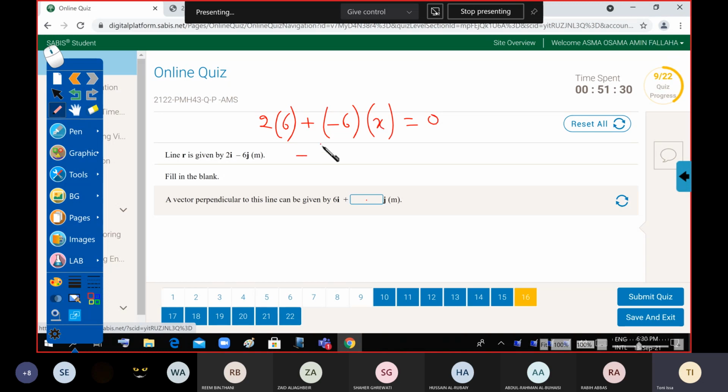So it will be minus 6x equals minus 12. So this unknown, not x as an x component, I mean the unknown, will be 2. So the answer here will be 2. Why? Because if the scalar product is 0, it means the vectors are perpendicular.